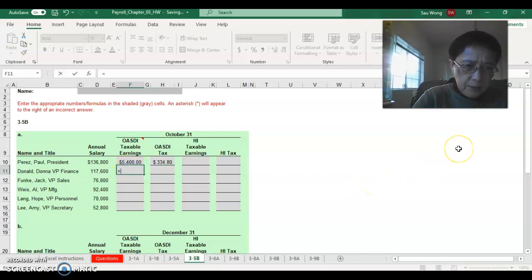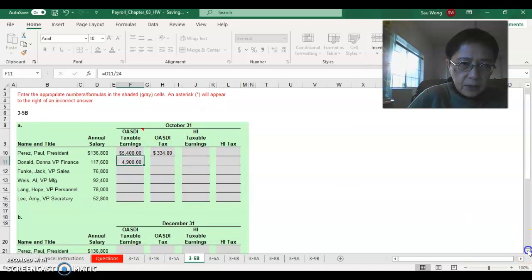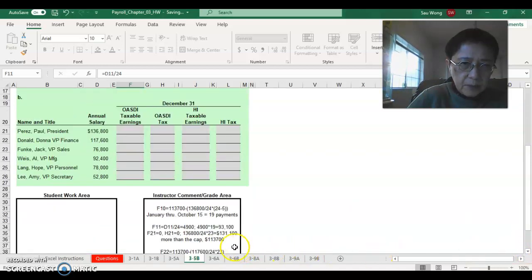And for Donna, we take F11 equal to D11 divided by 24 payments because it's paid semi-monthly. When you look at Donna's annual salary, it seems like it already exceeds the cap. However, on October 31st, the payments up to October 15 have not exceeded it.